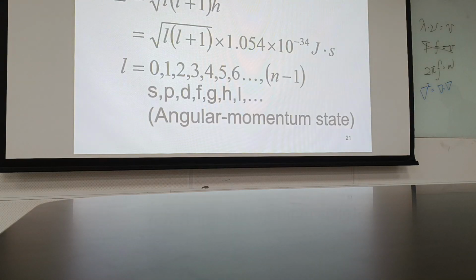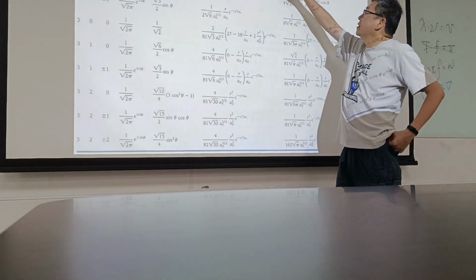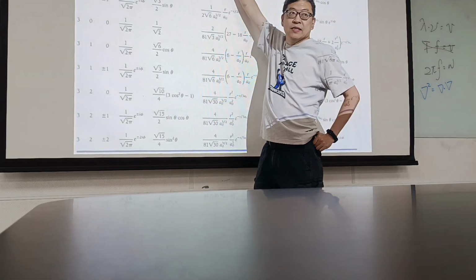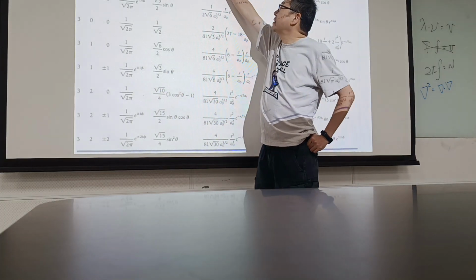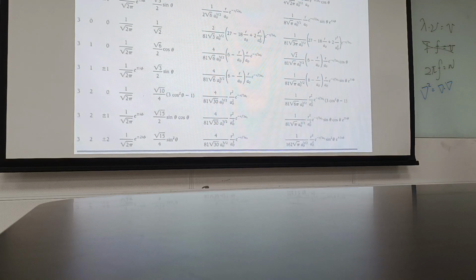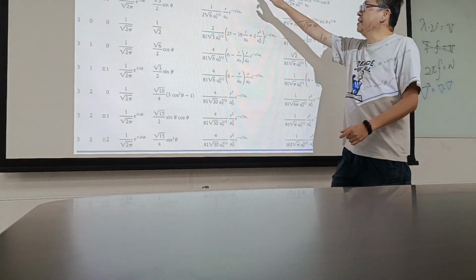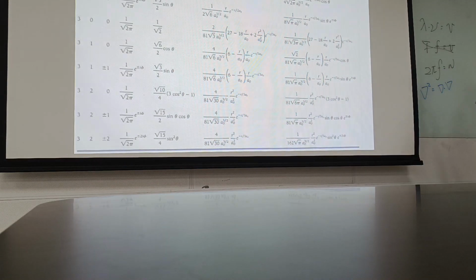From this table, we can get this is the R100, which means this is the Schrödinger formula for n equal to 1, L equal to 0, ml equal to 0. And then we want to find the energy for this orbit.